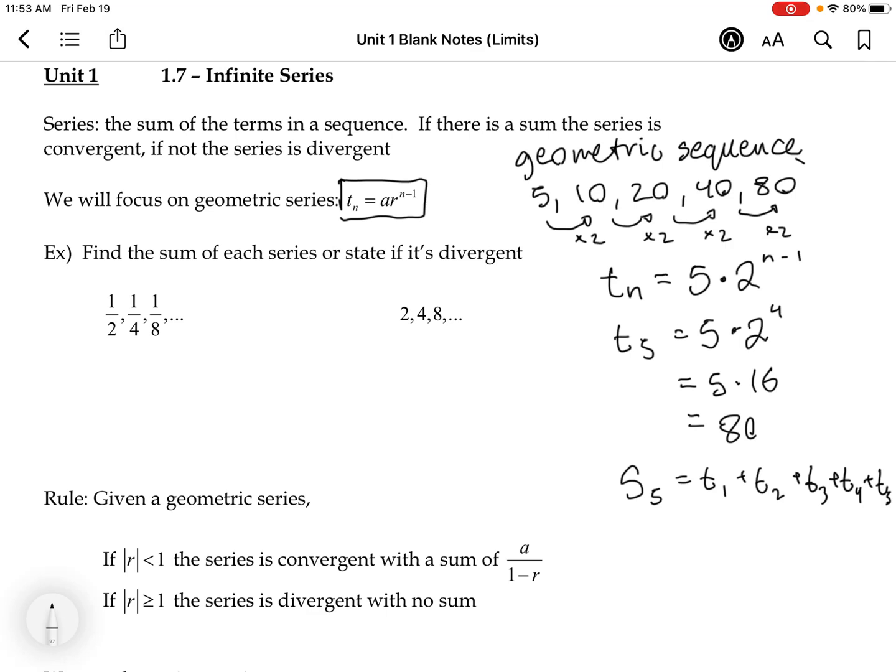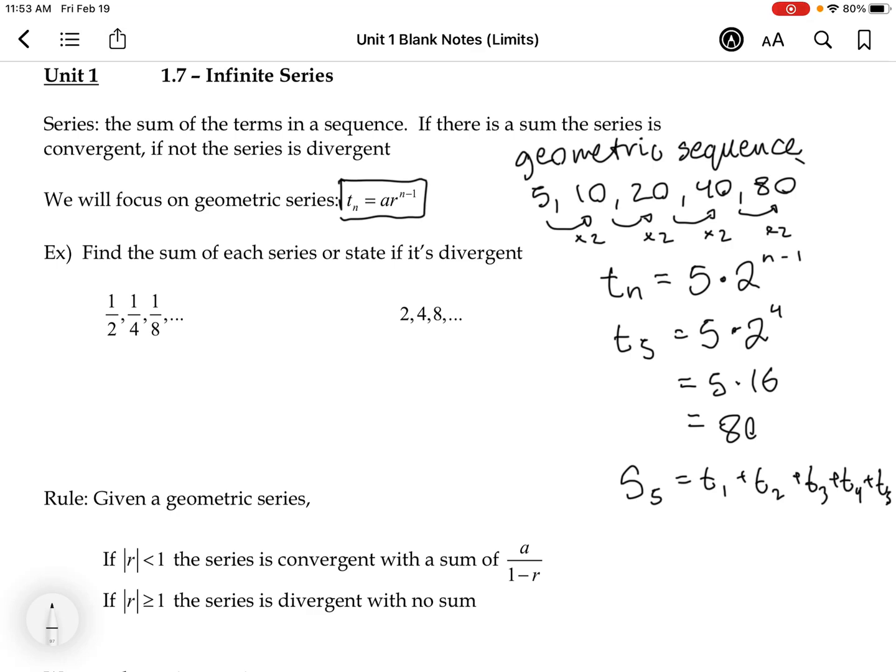The ones that have a sum, that are called convergent, the absolute value of the common ratio from one term to the next must be less than 1. So if a geometric series, the sum of the terms in a geometric sequence, is to converge, the absolute value of that common ratio must be less than 1.